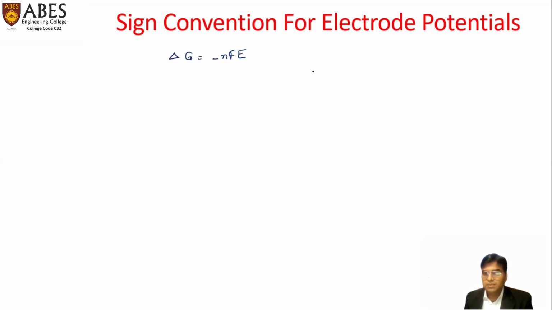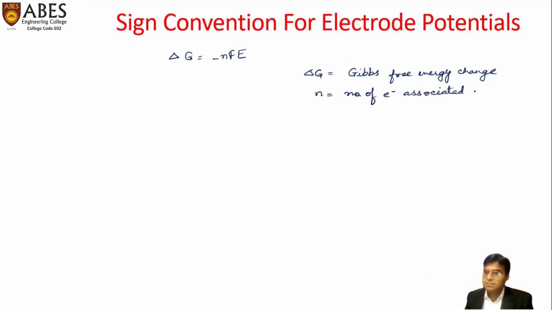So we can write it here. Delta G is the Gibbs free energy change. N is the number of electrons associated with the chemical reaction.